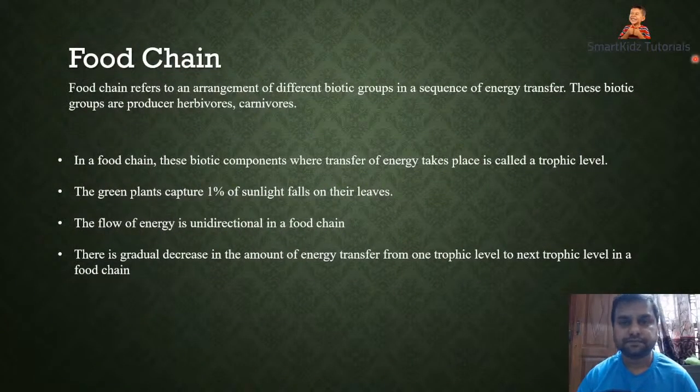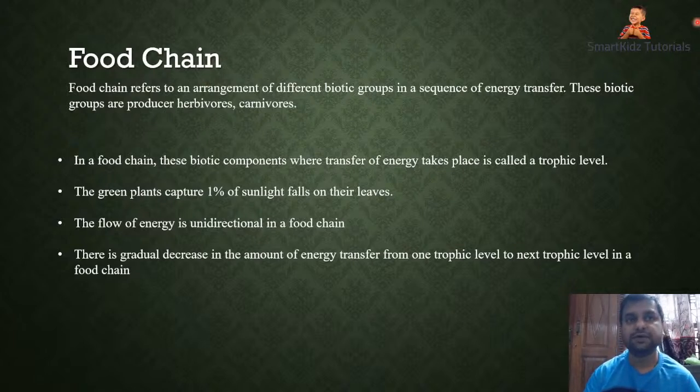Food chain. Okay, now the name itself suggests that we are talking about a chain that is formed, and that chain is of food. So food is being passed on from one level to another level. Individual components or organisms are part of the food chain, which means they serve as food for someone higher than them.